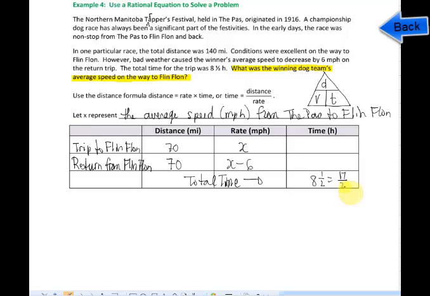If you take a look on our chart here, time is the distance over the velocity. So we're going to write for the trip to Flin Flon the time being 70 over x, and the return trip from Flin Flon as being 70 over x minus 6.